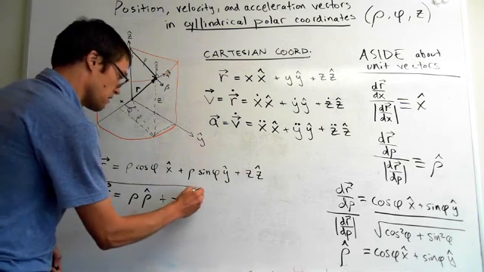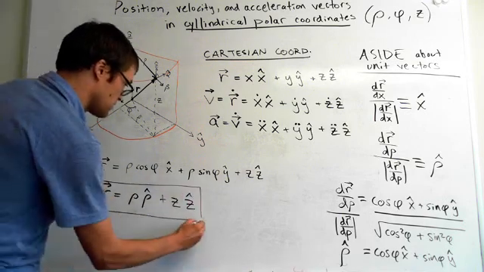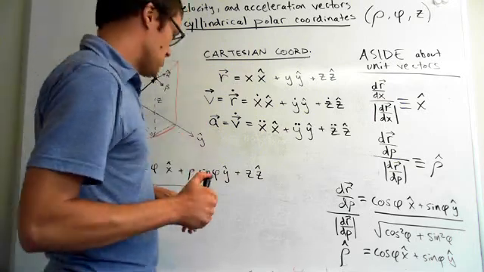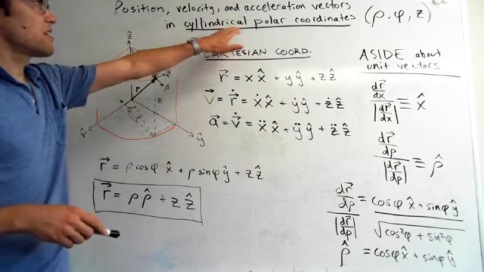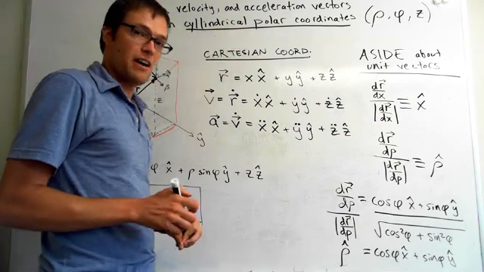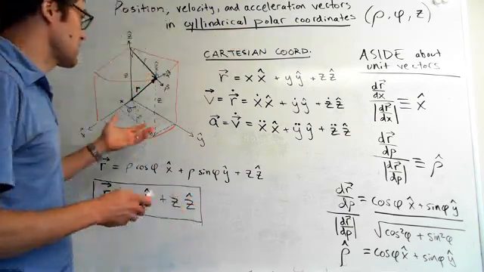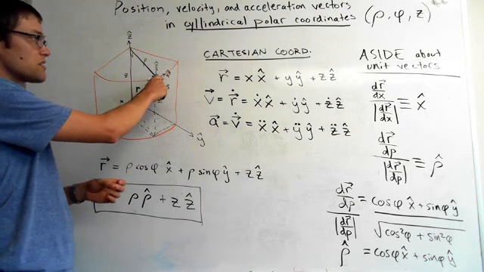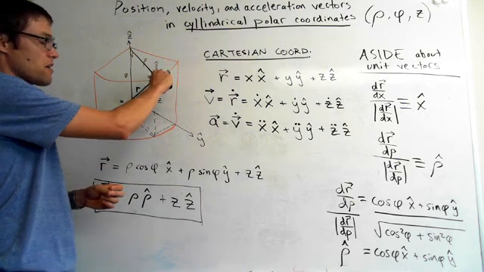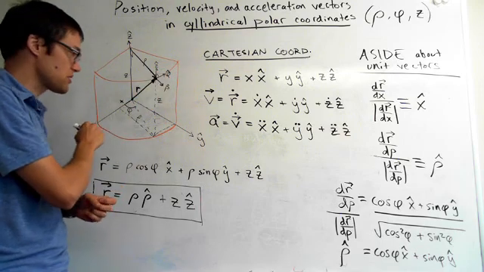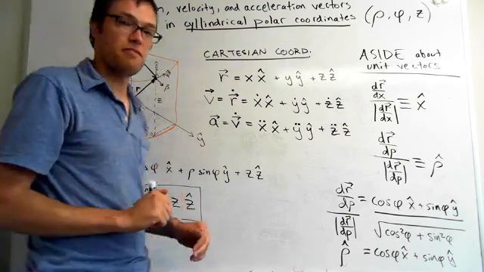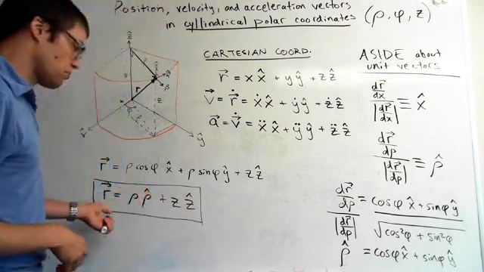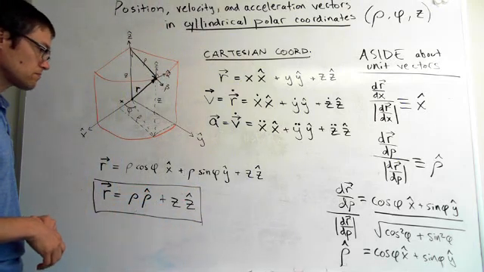That's the whole thing. You might be thinking initially, where's phi and where's phi hat? But position vectors in this coordinate system do not have a phi component. And it makes sense if you think about it. Phi hat is always exactly perpendicular to this r vector. So the position vector never has a phi component. That's one fundamental fact about the cylindrical polar coordinate system.